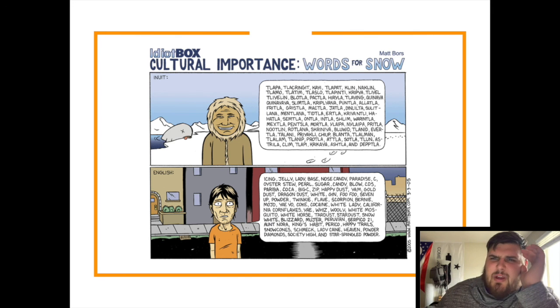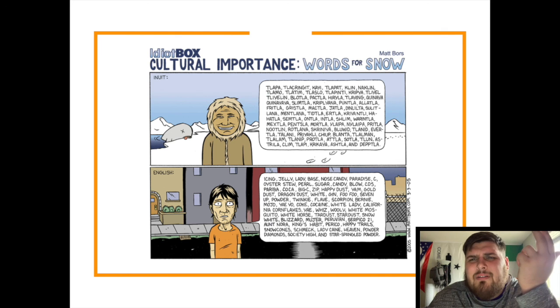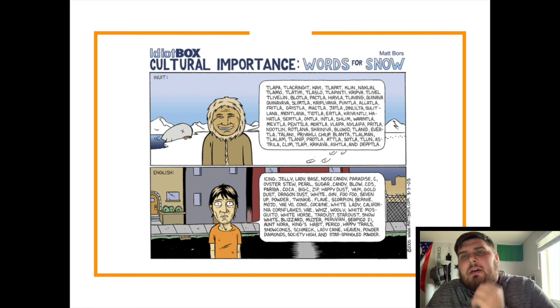And you guys are looking at me saying, that doesn't mean snow. What do you mean? But snow has a different meaning in our culture. Snow isn't just the stuff that comes out of the sky. Snow can also mean cocaine, which is why they say nose candy and paradise, because those are the nicknames for cocaine, which is also known as snow.